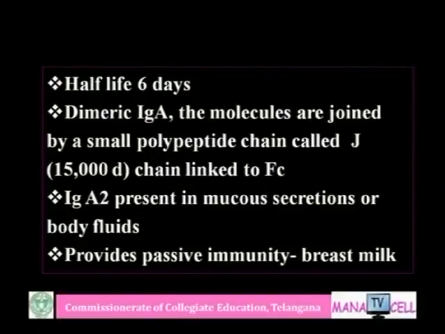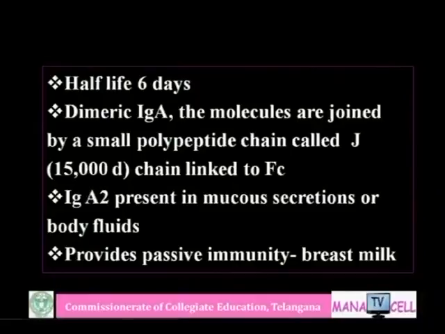It is present in breast milk, and breast milk is passed to the newborn baby. That is why the newborn baby gets passive immunity from the mother through this immunoglobulin, specifically IgA2.